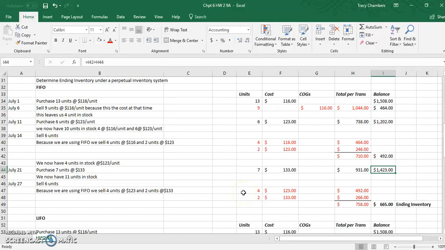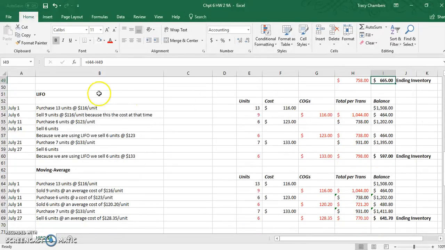So 4 at $123 is $492, and 2 at $133 is $266, with a total transaction of $758. We deduct that $758 from our balance of $1,423. Our ending inventory is $665.